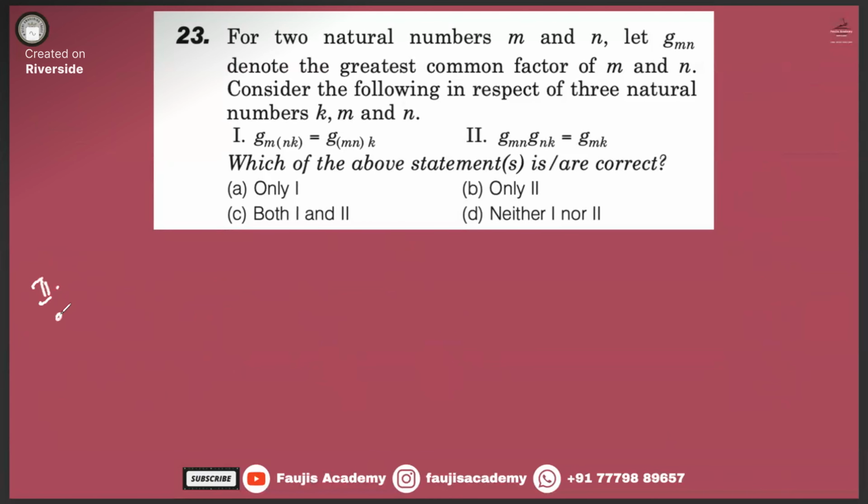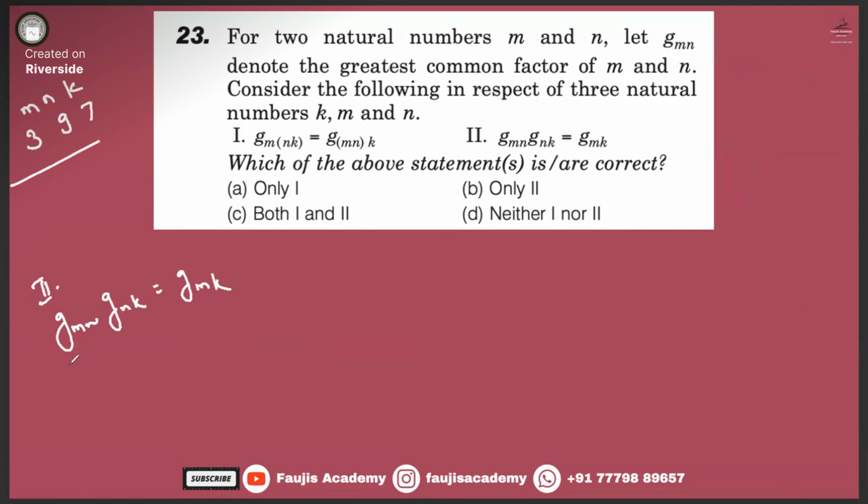Statement 2 says g of m and g of nk is equal to g of mk, right? What numbers did we take? 3, 9, 7. Okay, m, n and k, these were the numbers we took, right?